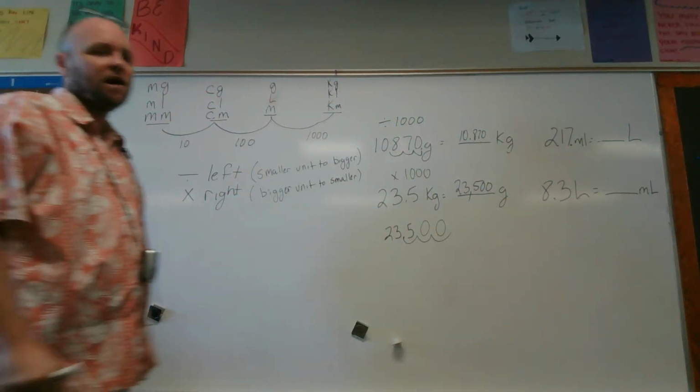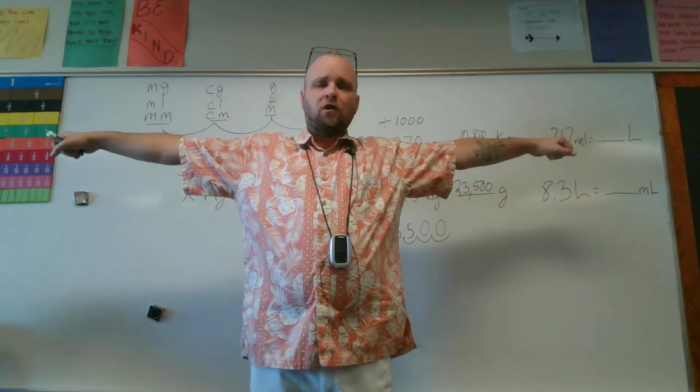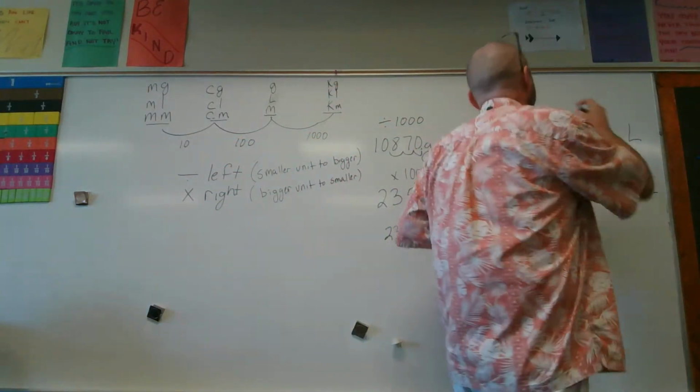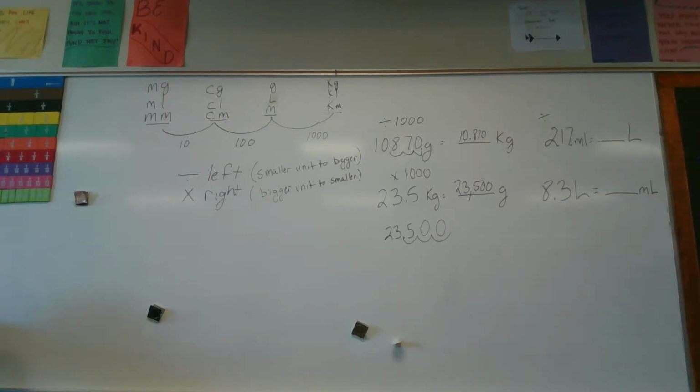We are going to divide. Milliliters are small. Liters are big. This indicates division. And Addie, what are we dividing by? 10 and 100, but you can add the zeros together to make 1,000.